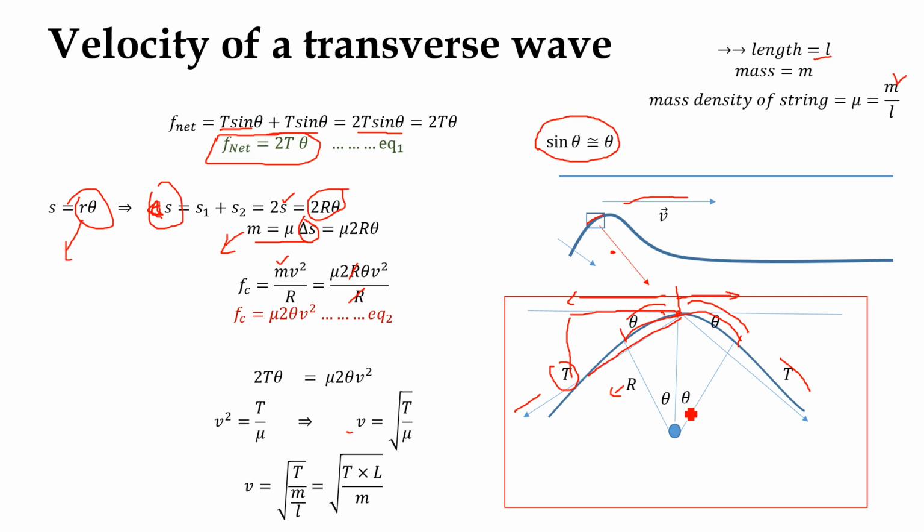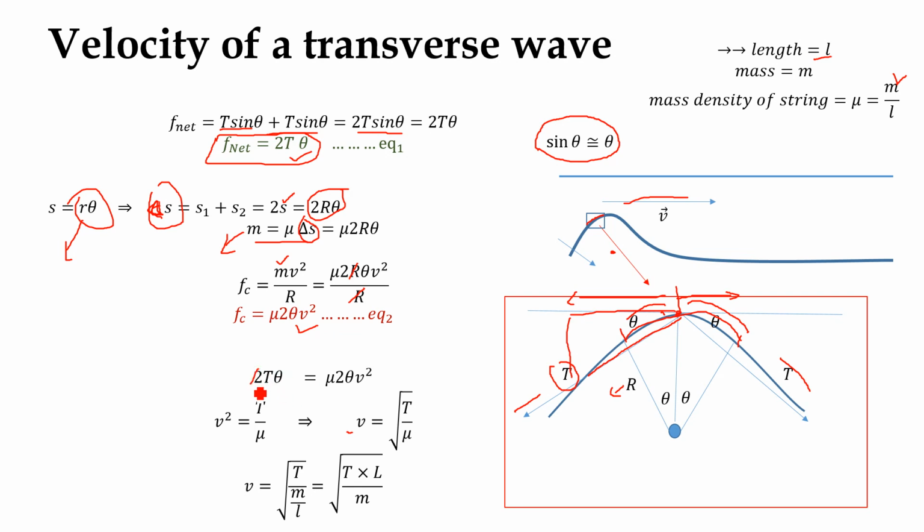The centripetal force here is also a restoring force, which is equal to the F net provided by the tension T in the string. So we have the F net provided by tension T in the string, which is equal to 2 T theta, is equal to the centripetal force, mu 2 theta v square. F net is equal to Fc, and 2 T theta is equal to mu 2 theta v square.